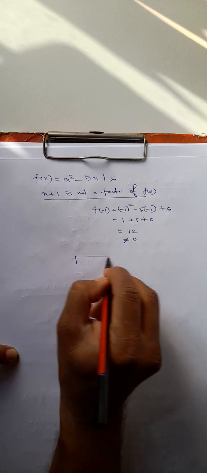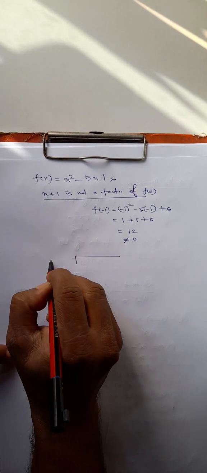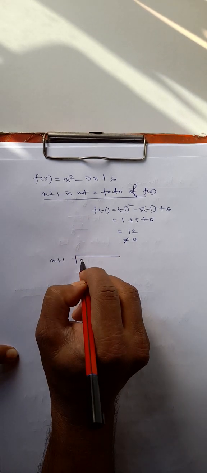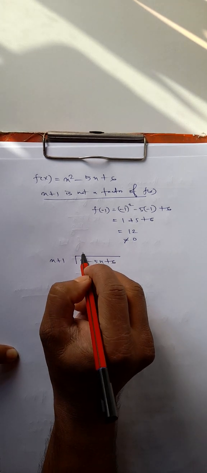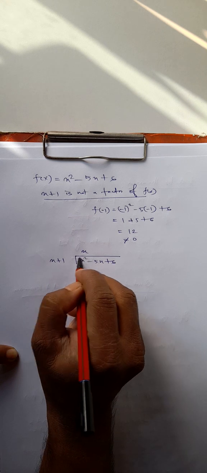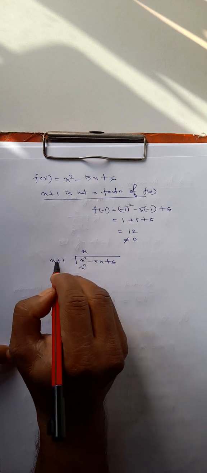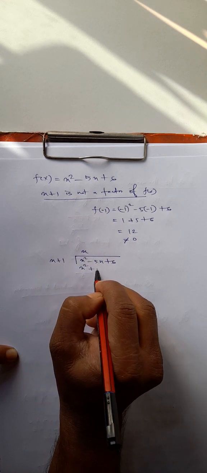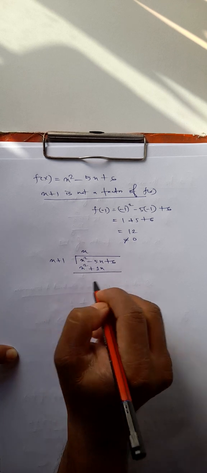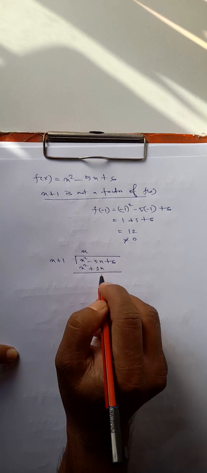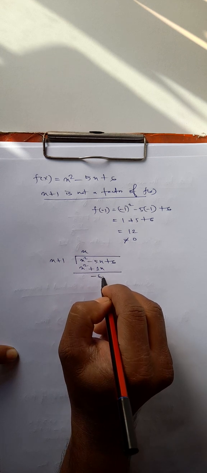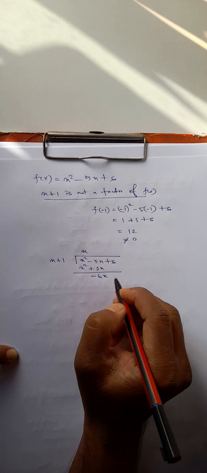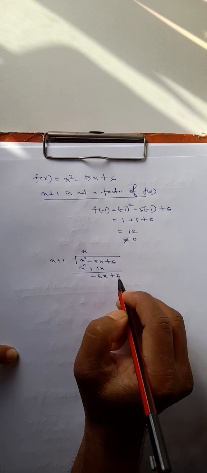Now you see, if you divide this polynomial by x plus 1, you find some remainder. Let us prove this. First quotient, x into x square, x into 1 means 1x or x. Now subtract this, you will get minus 6x plus 6.